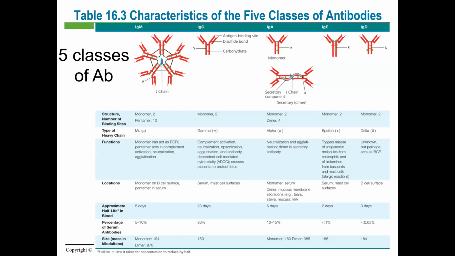After IgM production, your B cells will switch. They will make something else. Oftentimes it's IgG, which ends up being the most common antibody type in the blood. IgG is good at doing all of the 5 things that we talked about: complement activation, neutralization, agglutination, opsonization, antibody-dependent cell cytotoxicity.